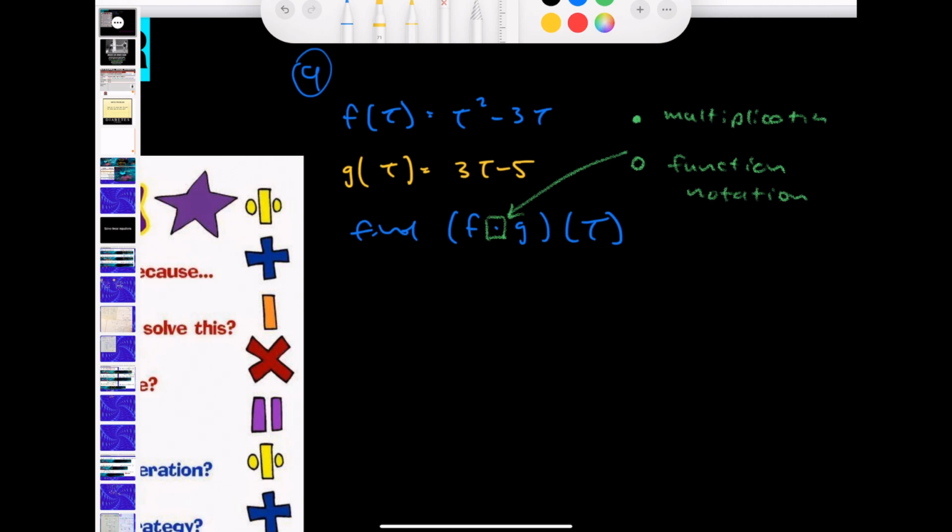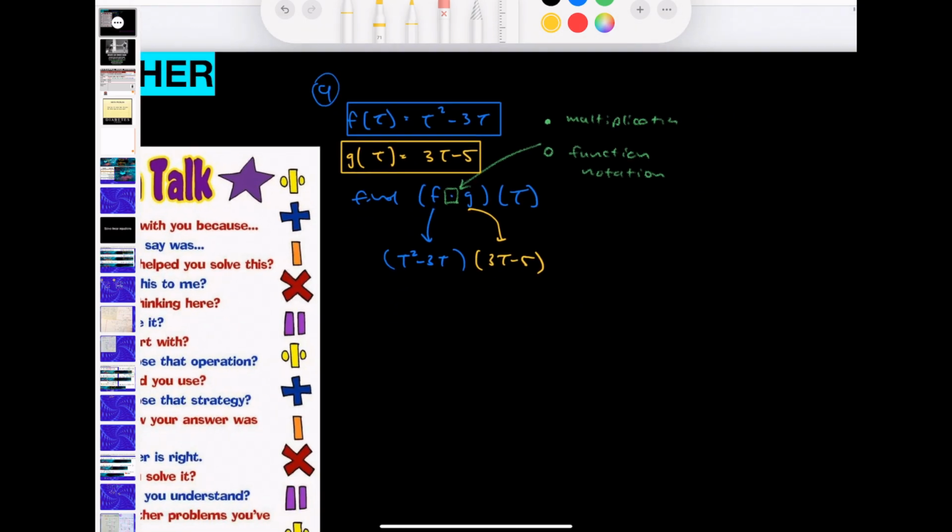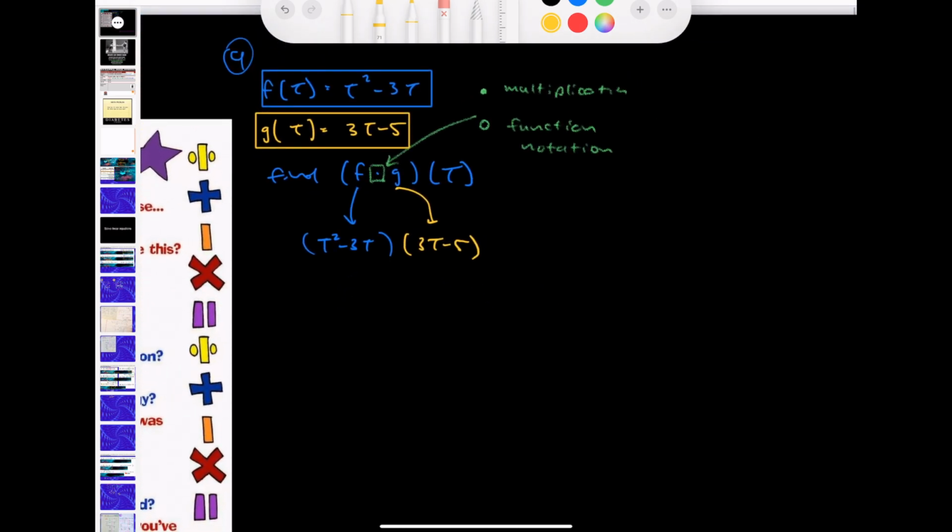This problem is as simple as taking f, which is up here, and putting that, I noticed I did capital T's here, and then g, which is right here in yellow, 3t minus 5. And then you can just use your box and then simplify.